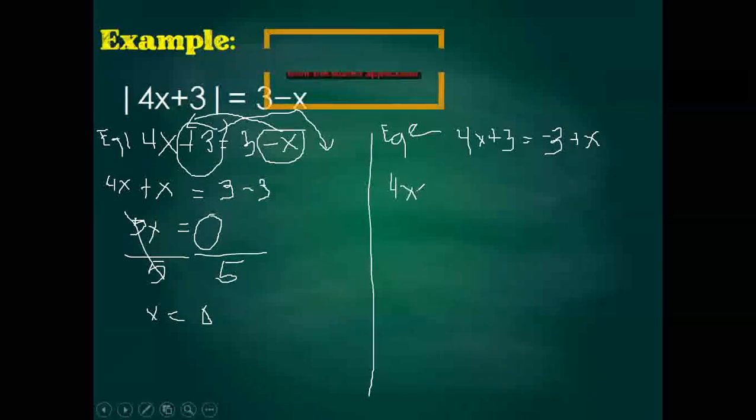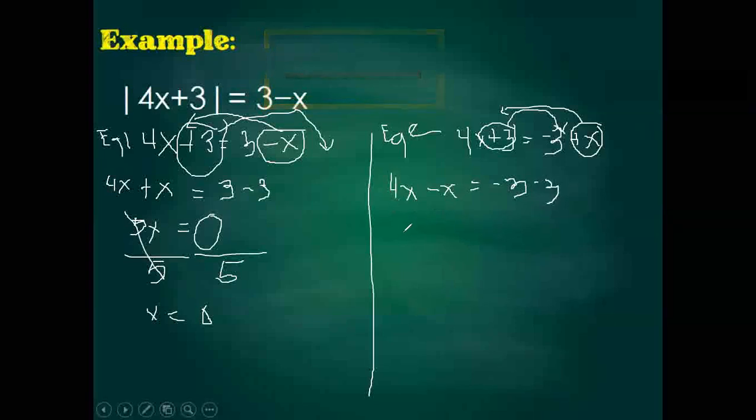So to the other side, equation number 2, 4x. So transpose positive x to the other side. It will be negative x equals, so positive 3 transposed to the other side. So negative 3 minus 3. So 4x minus x, the answer is 3x.